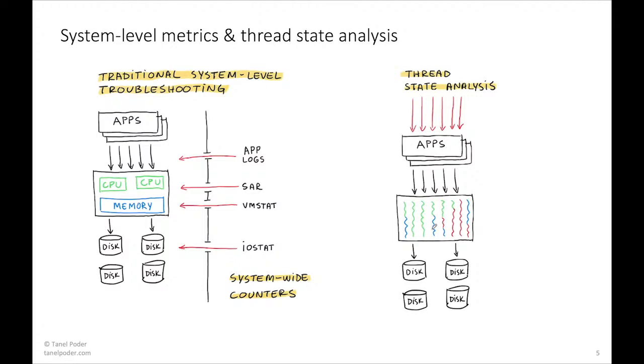So this is the approach I'm proposing. Let's start sampling what threads are doing as opposed to measuring the utilization. We may still have to go to that level, like iostat, if we see that everybody is waiting for IO a lot, but let's look into this approach first.